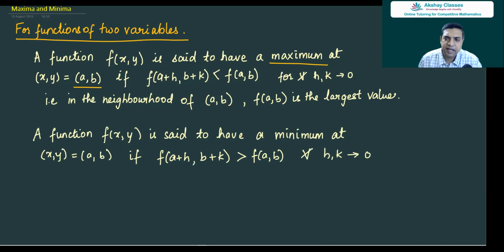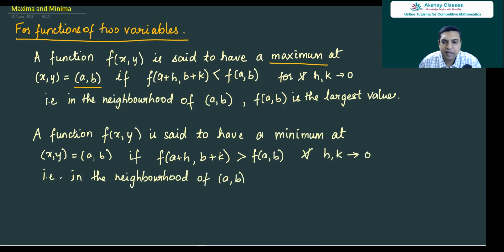Now h comma k can be positive, h comma k can be negative, but they are small values of h and k. That is in the neighborhood of a comma b, f of a comma b is the smallest value.